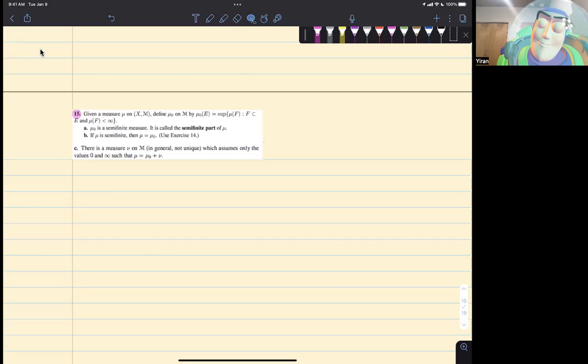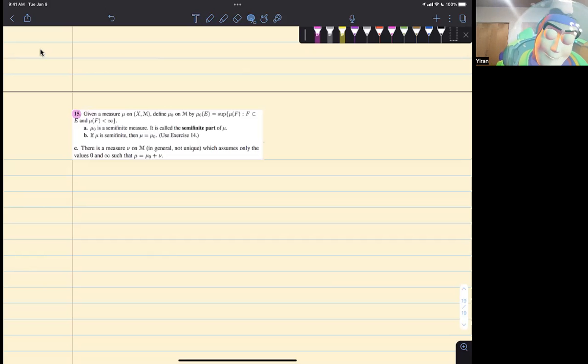before we go forward. So notice that the definition for mu naught involves subset F, right? So every subset F of this, and the measure of F is finite, and we're comparing the supremum over such F, and we pick the supremum, and that is mu naught E, or mu naught of the union of EJ.